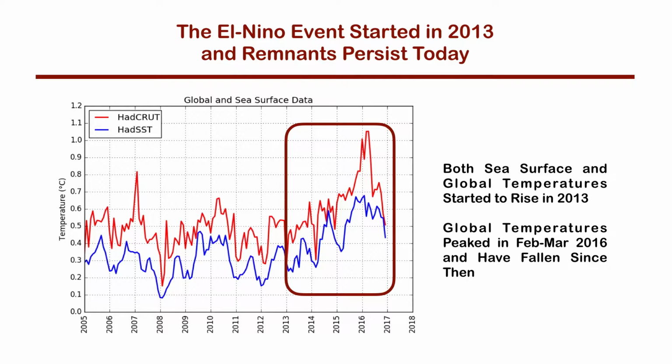It's just that I've expanded the year scale to make the El Nino event stand out more. So what we see here is that the El Nino event started in 2013 and remnants of it persist today. Both the sea surface and global temperatures started to rise in 2013. And global temperatures peaked in February, March of 2016, but they have fallen since then.